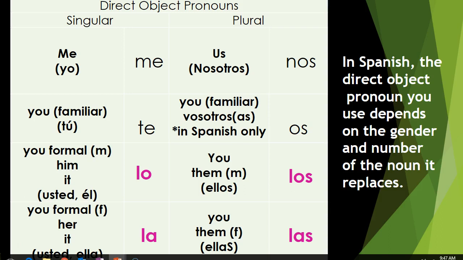We've got nos for nosotros, os for vosotros, and los and las. So los is going to go for them, you, masculine, and las is going to be for you, them, feminine. So in Spanish, the direct object pronoun you use depends on the gender and number of the noun that it replaces.